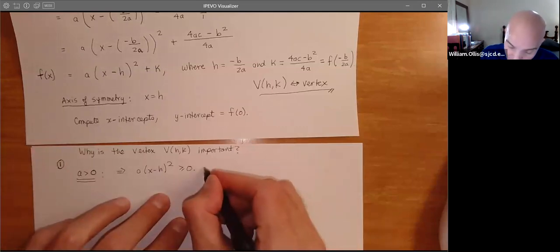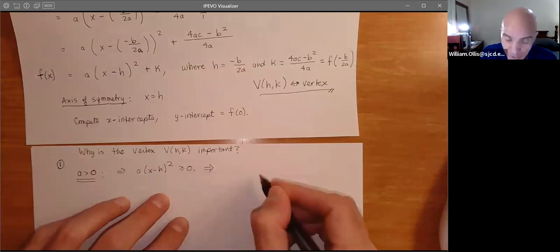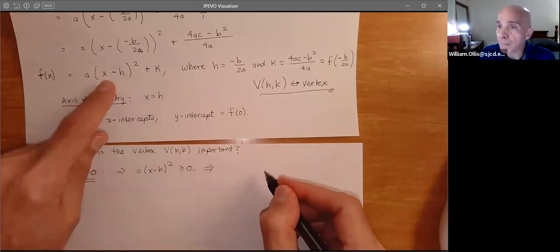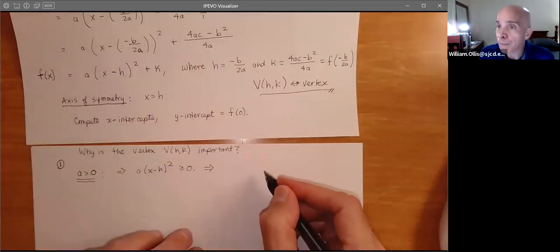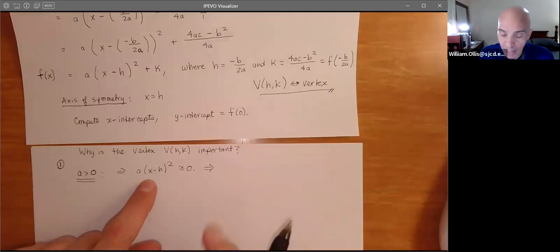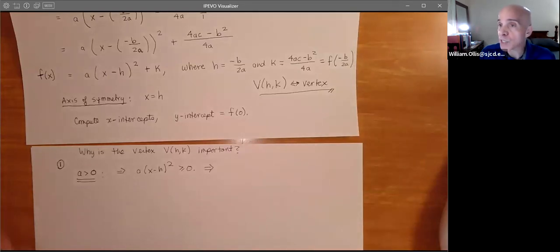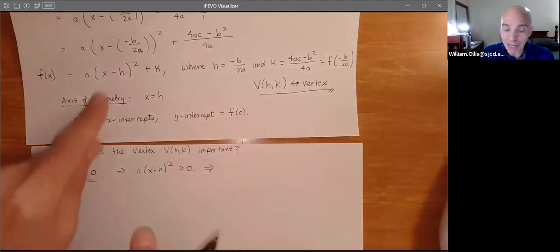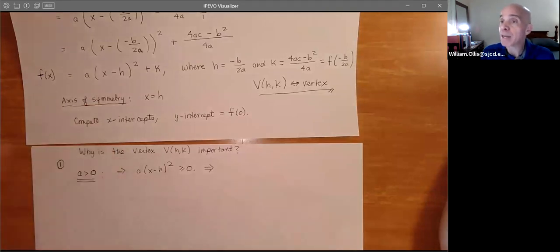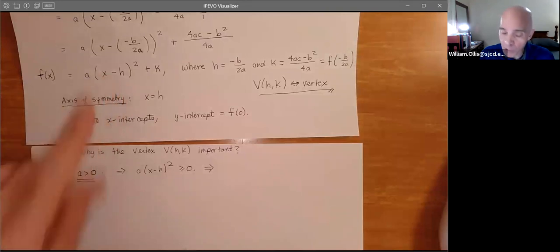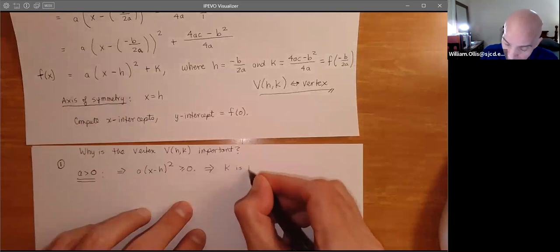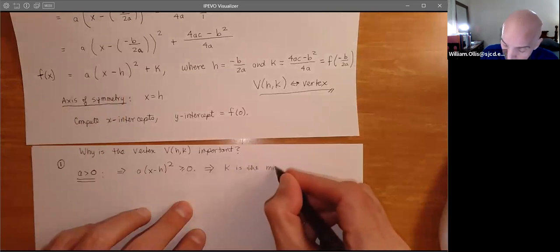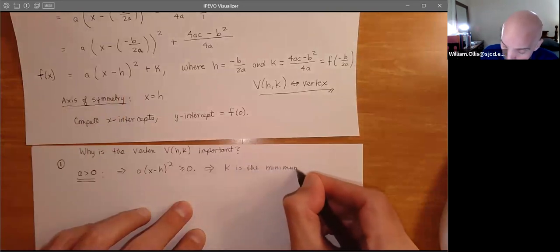So this implies that these values can only get bigger. So this implies that k is the minimum value. That is, when x is equal to h, we just get k. And any other x we substitute will actually make the value of the function bigger because this will be a positive number. So this implies k is the minimum of f.